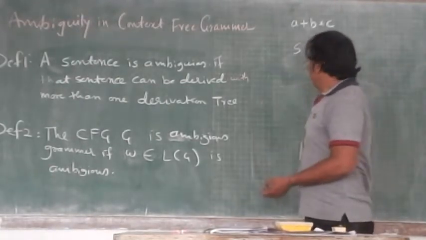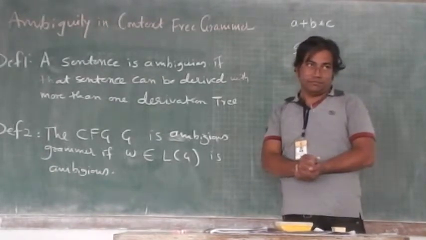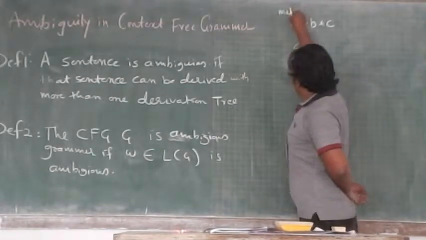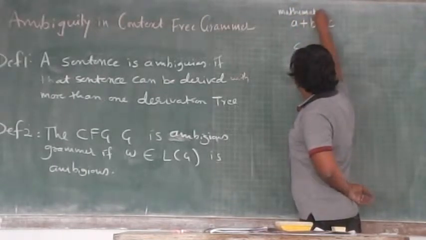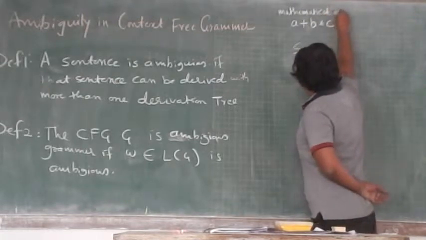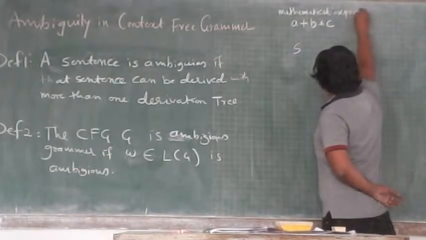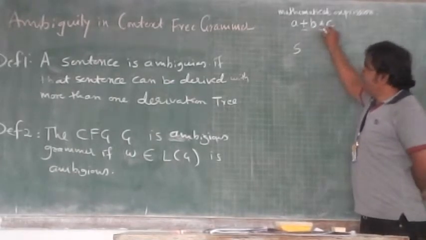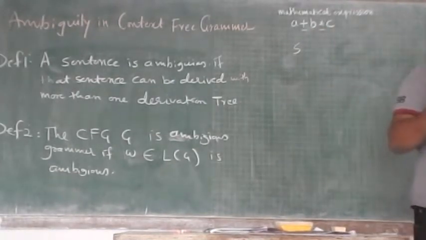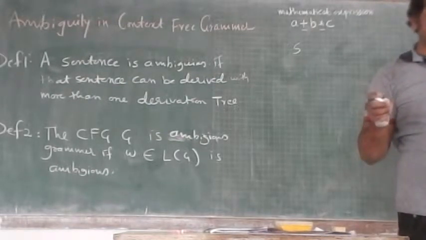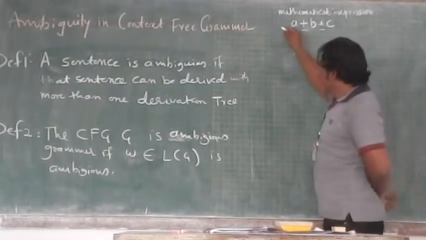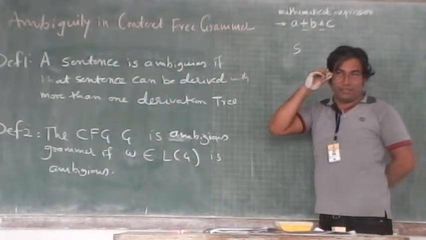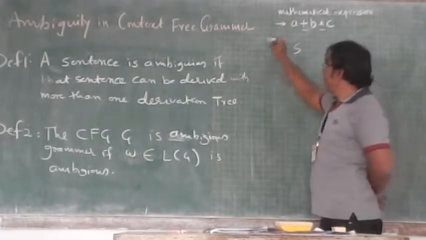Here I am having a string A plus B into C. This string means I want to say a mathematical expression, involving two operators, plus and star. For such kind of strings I want to have a grammar. Can you design a context free grammar for such kind of sentences?